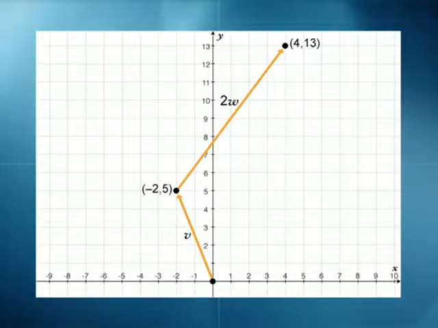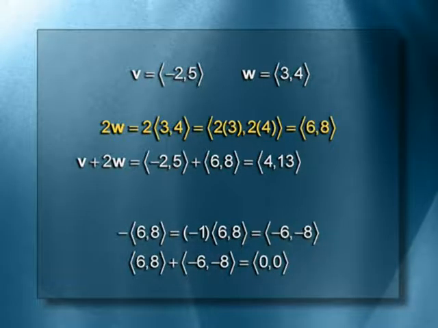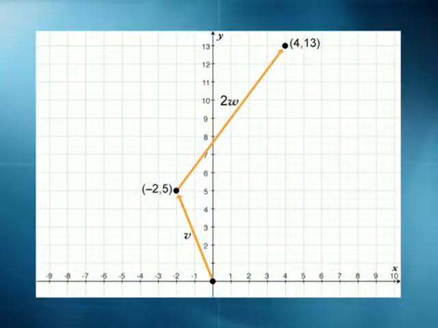Here you can check that real quick. Subtract the x-coordinates, you get 4 minus a minus 2, or 6, and the y-coordinates are 13 minus 5, or 8. 6, 8 was the vector 2w, wasn't it? So I've drawn v and 2w, and notice that 2w's initial point is placed at the terminal point of v.